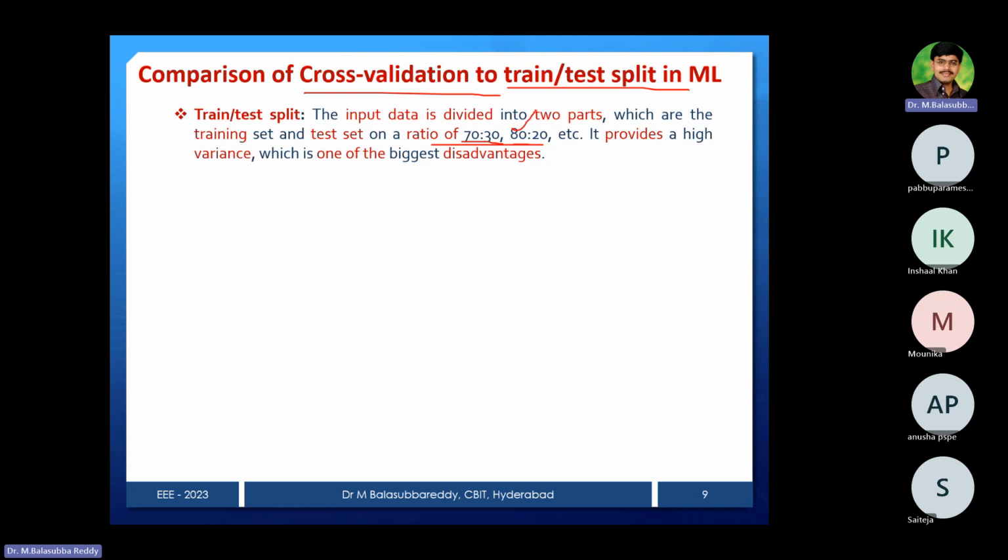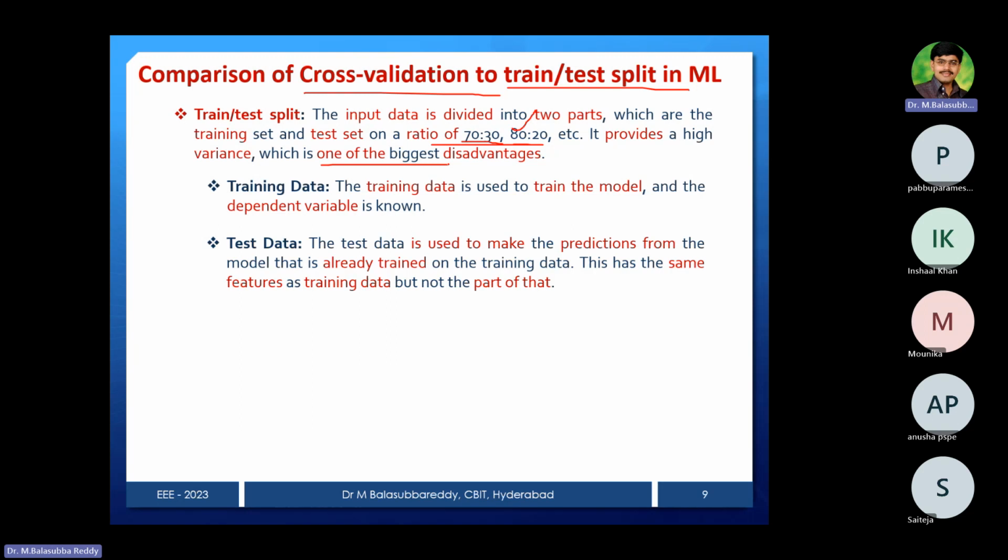It provides high variance, which is one of the biggest disadvantages. As we came across previously, there is bias and there is variance. If there is more bias there is less variance, and the opposite. The training data is used to train the model, and the dependent variable is unknown.